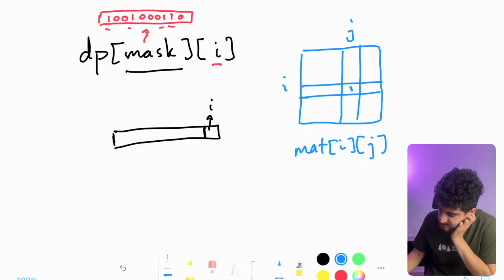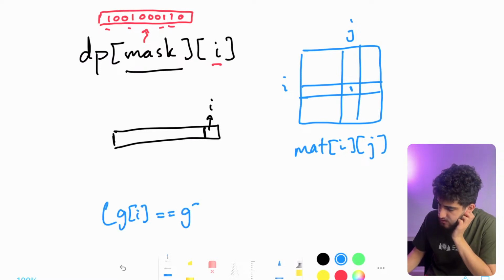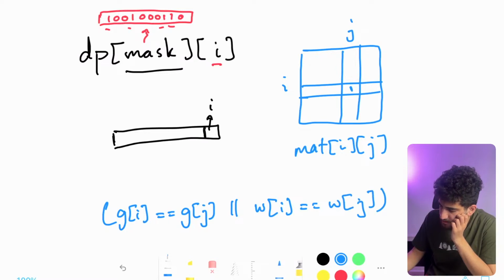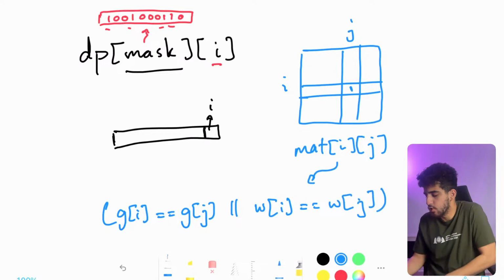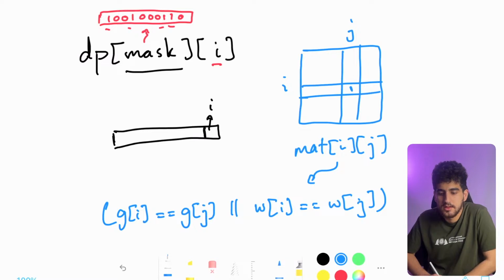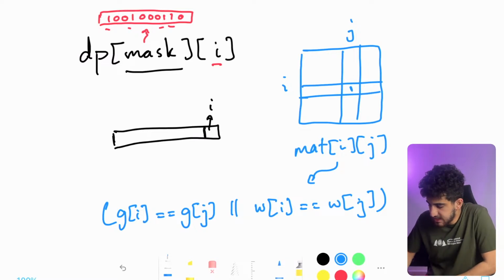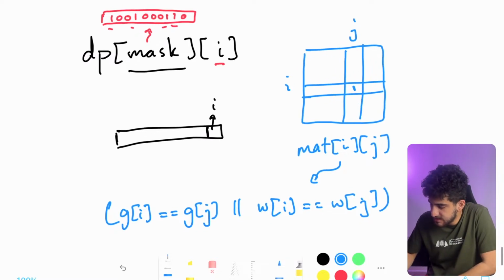It just means that G of I is equal to G of J, or writer of I is equal to writer of J. Matrix of I and J is equal to this, either this or this. So basically, I just keep that. And this is OR.